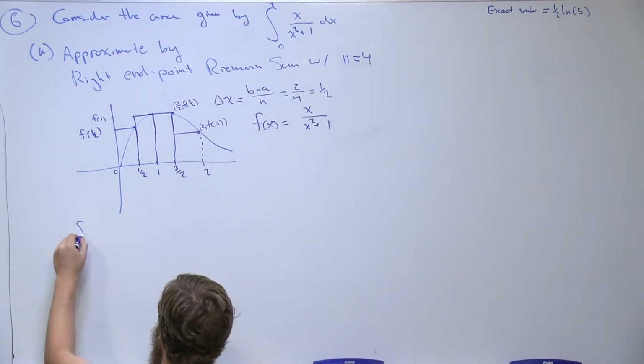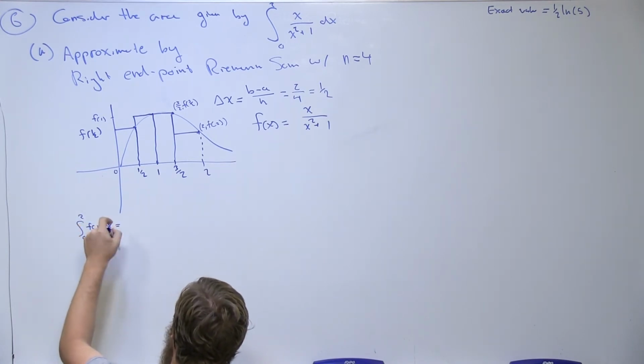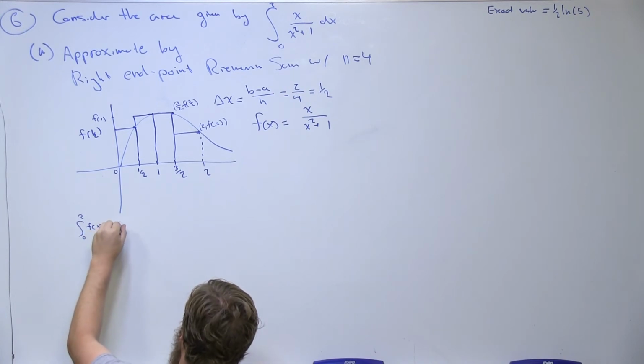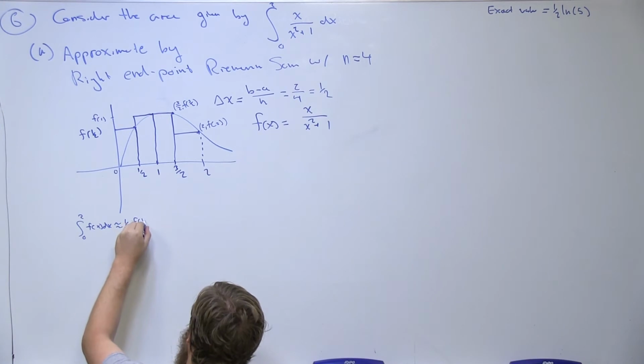So our integral, 0 to 2, f of x dx, is approximately equal to 1/2 times f of 1/2.